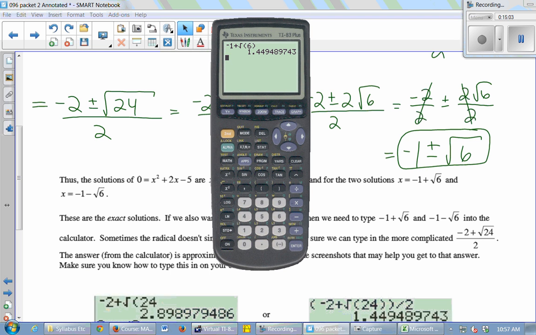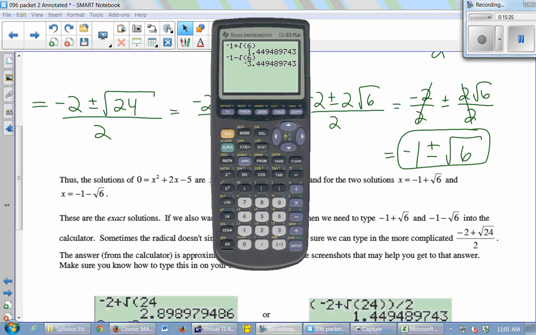And then you should also do -1 minus square root 6, and you should get about -3.449. I am going to pause and come around and check if anybody needs help with their own calculator. Okay, so we can type in -1 plus root 6 and -1 minus root 6.